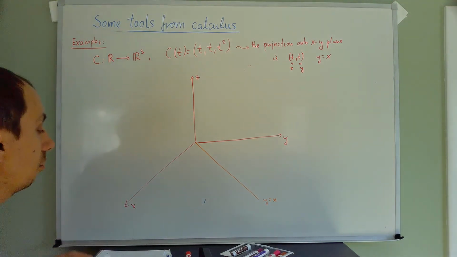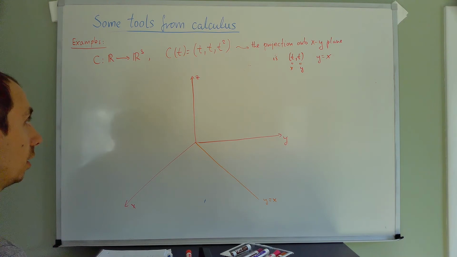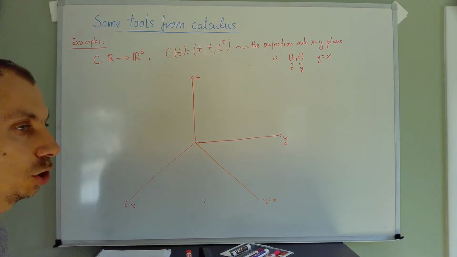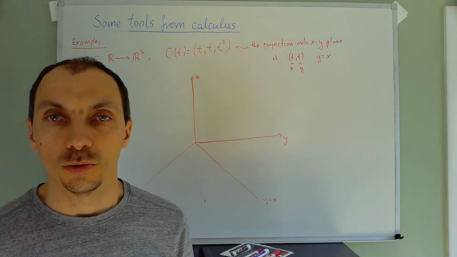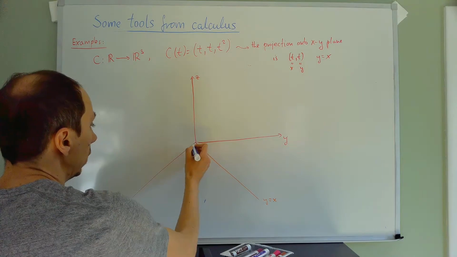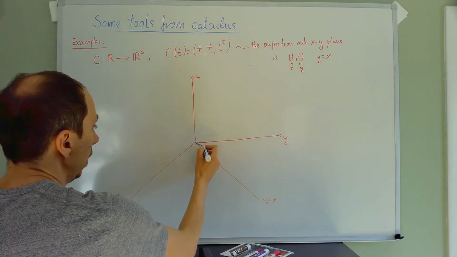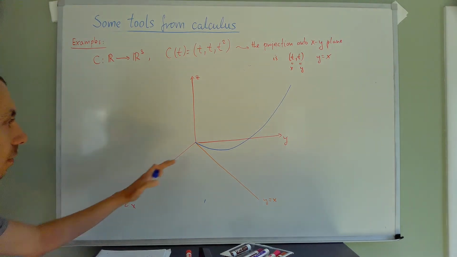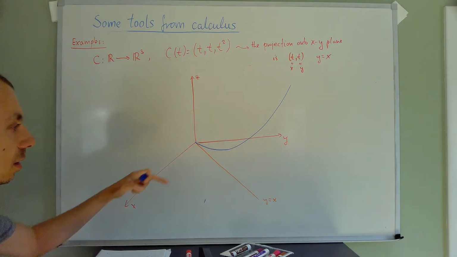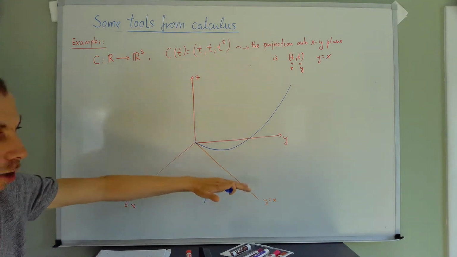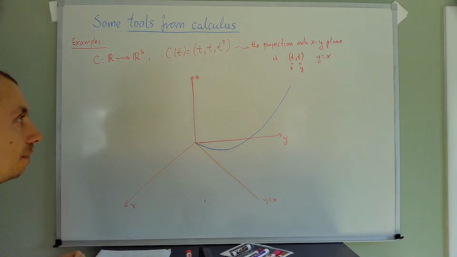What happens now as you include the z coordinate, you see the z coordinate changes with the square of t. So this is actually a parabola whose shadow is this line, and it goes up like this. It goes up in the z direction, but when you look at it from the top, you just get this line.